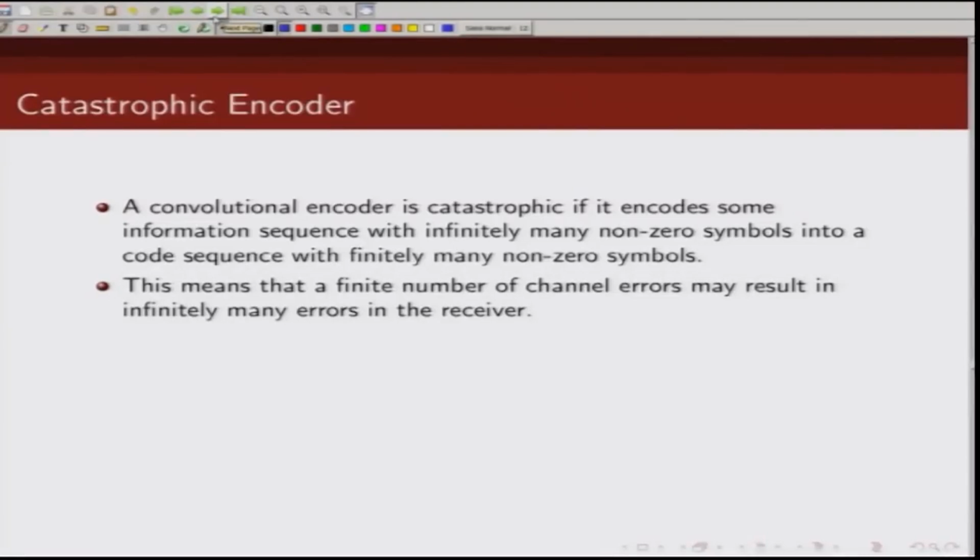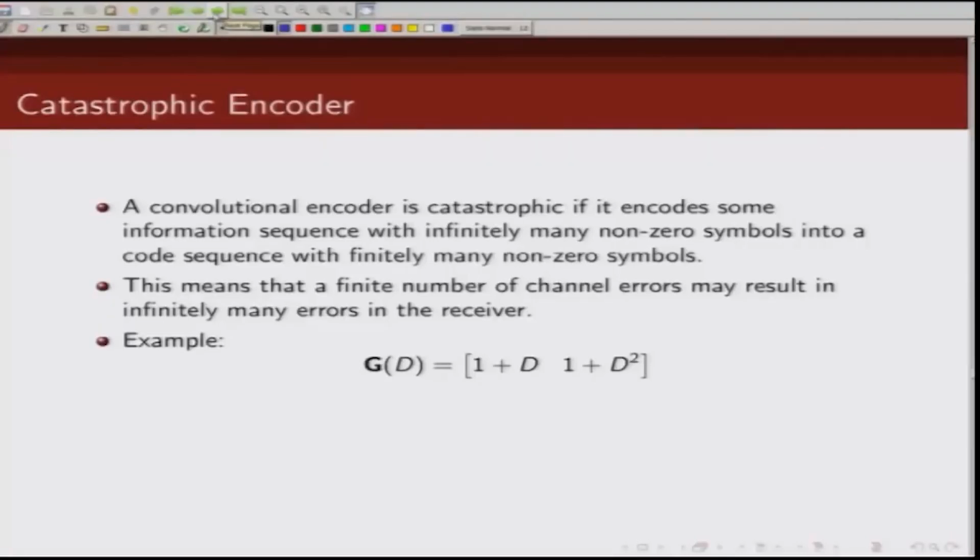Now, why is it catastrophic? To illustrate it, we will take an example. It is a catastrophic encoder because a finite number of channel errors can result in an infinite number of input errors. Your information sequence has a large number of ones, possibly infinite.